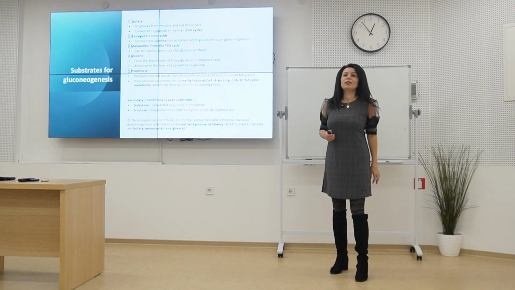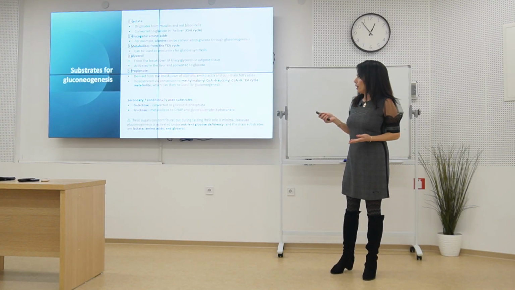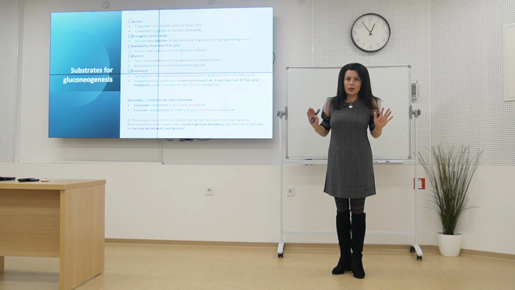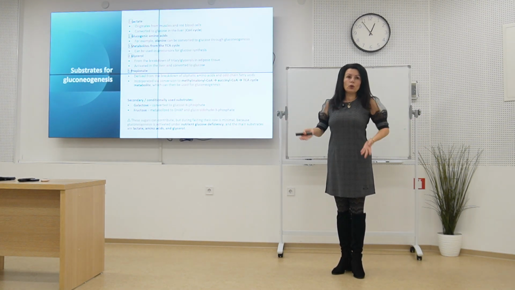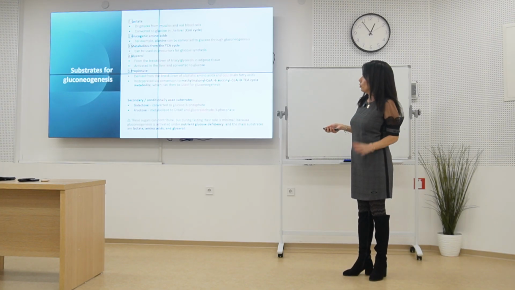Very important is the information about the substrates. Actually, all these substrates are used to maintain glucose in the blood, because the object of all this is to produce glucose when there is no liver glycogen. That's why we need all these substrates for gluconeogenesis.